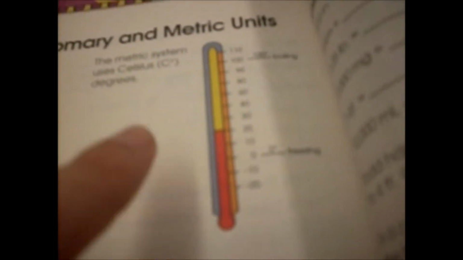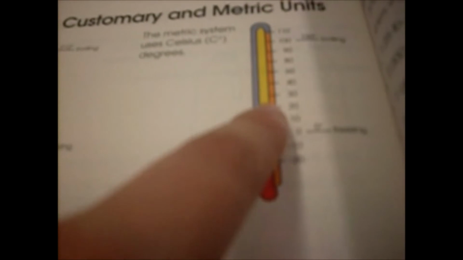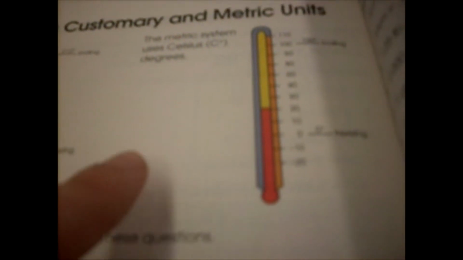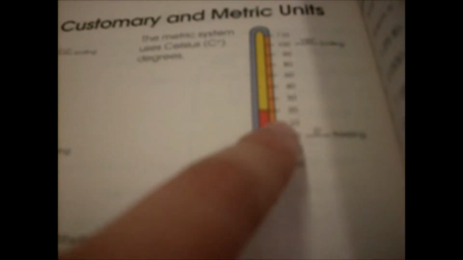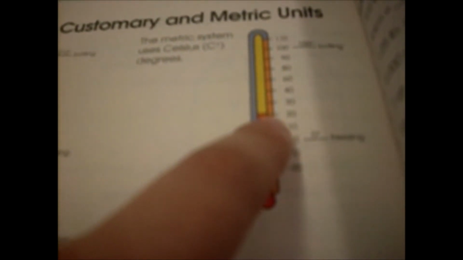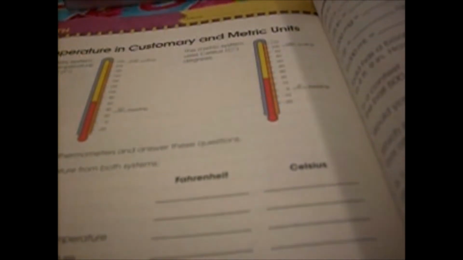So for Fahrenheit, if we look up here, 10 degrees Celsius is about 60 degrees for us. See that? 25 degrees Celsius, if we were to do that, hang on, it would be roughly around 70, 75, right around there.